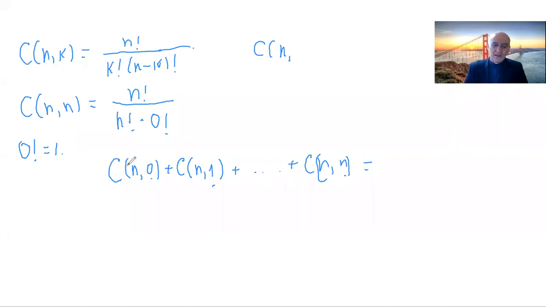So here we have the number of all subsets, and we know the number of all subsets is 2 to the power n. Okay, any questions?